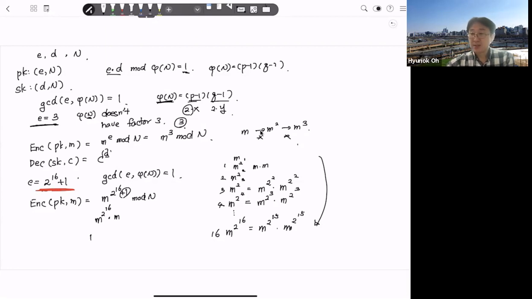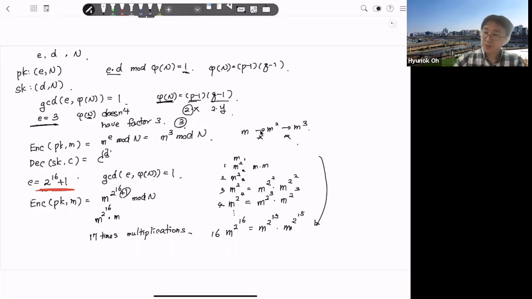So the total is 17 multiplications. So for the encryption, we just need 17 multiplications.